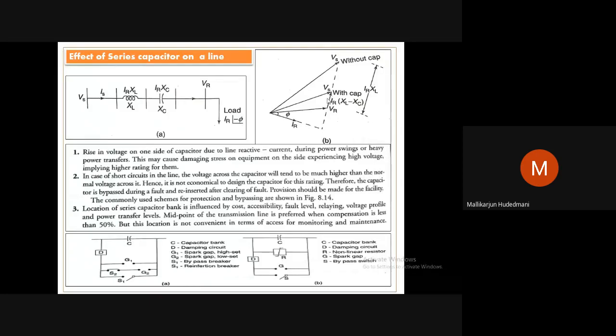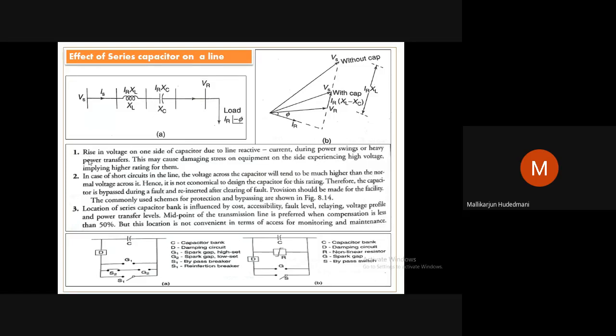Therefore, it is a very superior and stronger compensation for a long transmission line where the system is highly inductive in nature. IR XL and compensation by IR Xc result in a small drop IR into XL minus Xc, which makes the voltage of the sending end very superior. In this way, compensation by series capacitor is very strong.